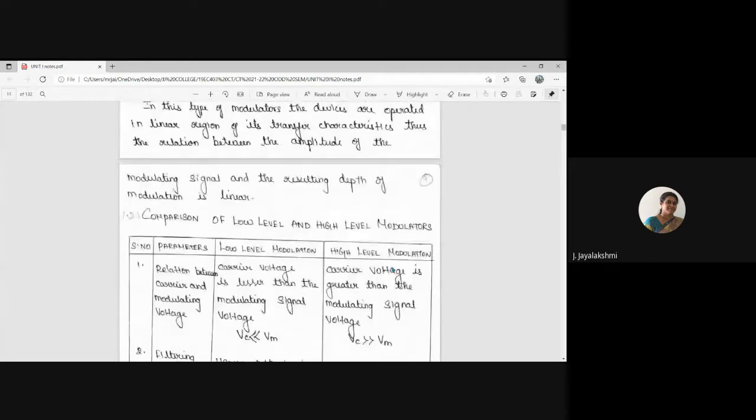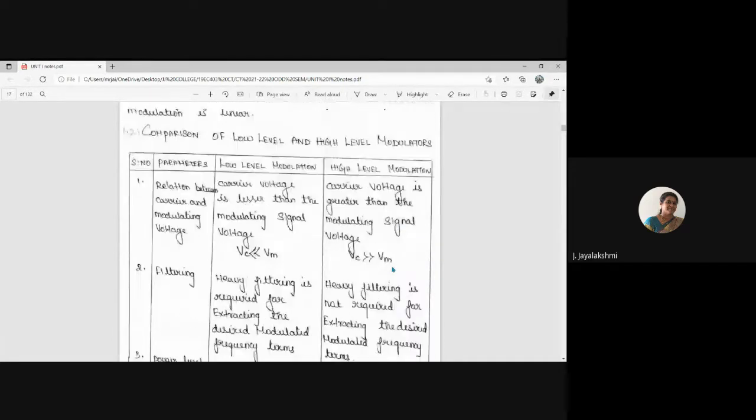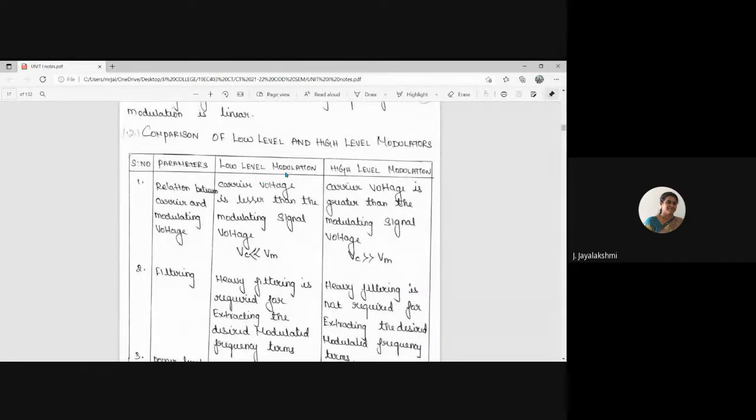Now we'll compare these two. What is low level and high level? Relation between the carrier and the modulating voltage. So voltage level plays an important role. In low level, carrier voltage is lesser than the modulating signal. In high level, carrier voltage is greater than the modulating signal.